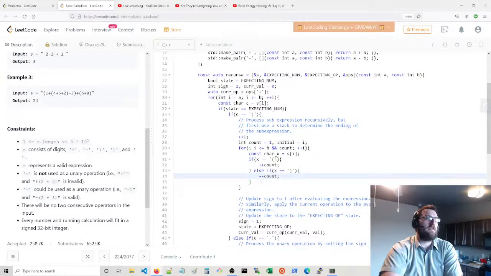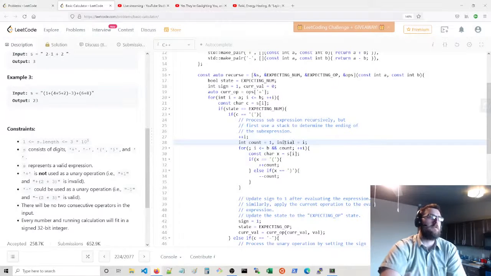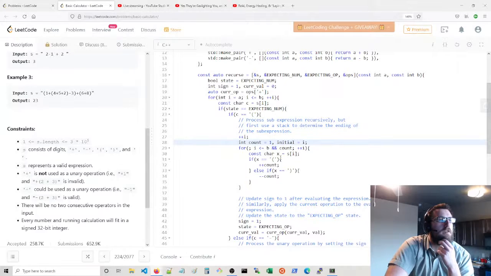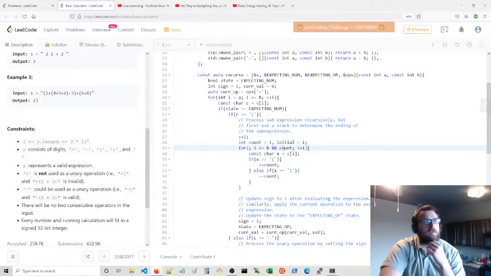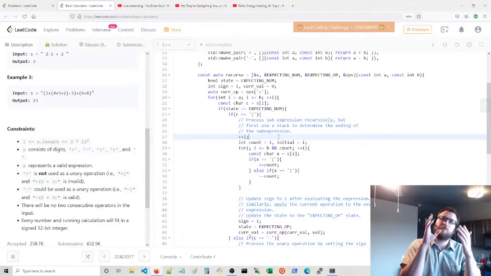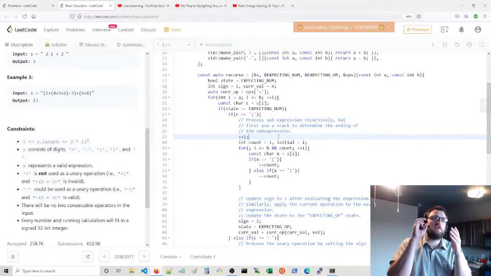What's interesting is, no, we're actually going to end up on the last character. Sorry, so what's going to happen is you decrement the count, and then you increment i to the next character. So first we move past the first opening parenthesis. We see, maybe, a closing parenthesis.